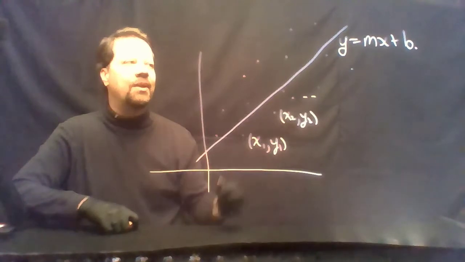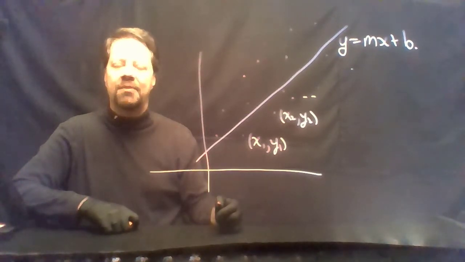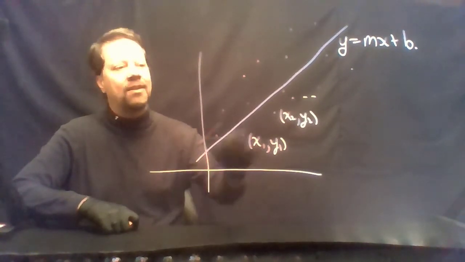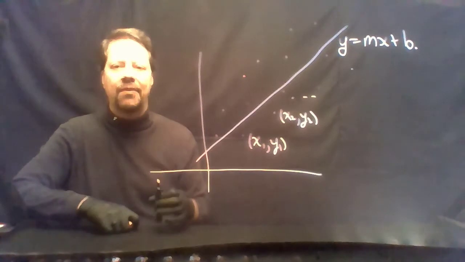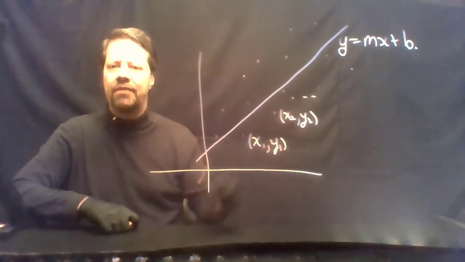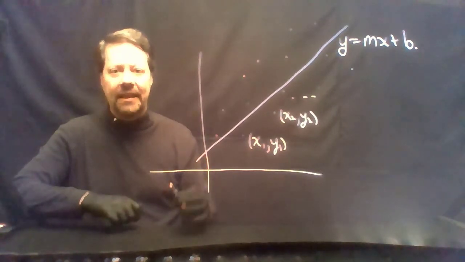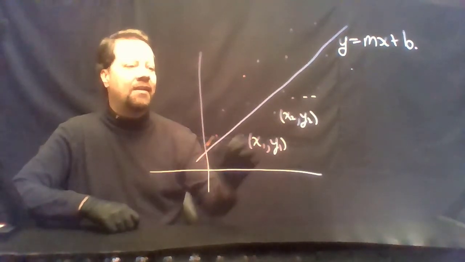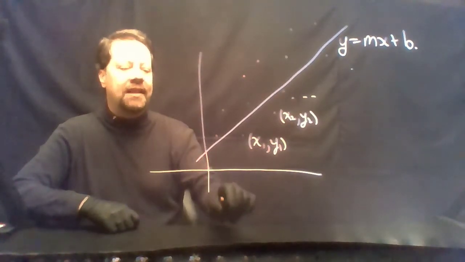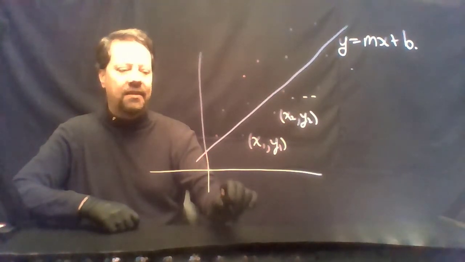So there are two unknowns. There's the y-intercept b and the slope m. We have no idea what these are. We need to find m and b so that the line matches the data with the least possible error. So let's try to figure out a notion of error that we can use that will lead simply to the line of best fit. We're going to find something called the least squares line of best fit.